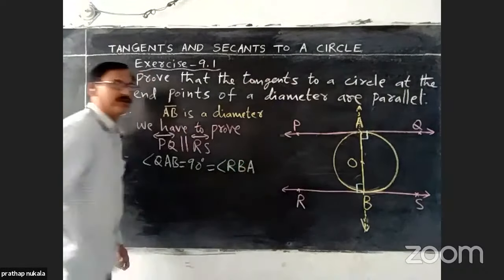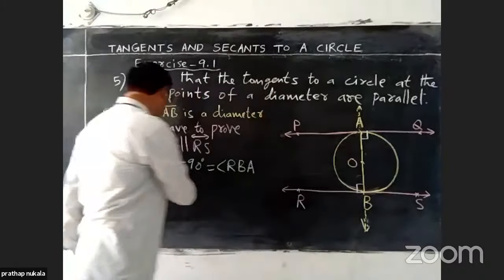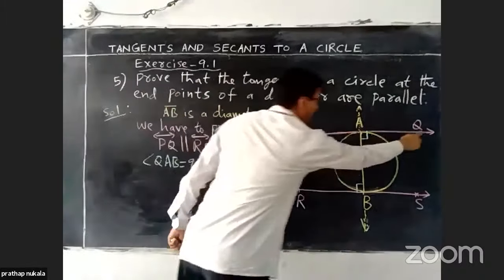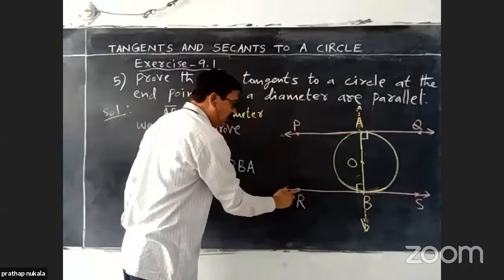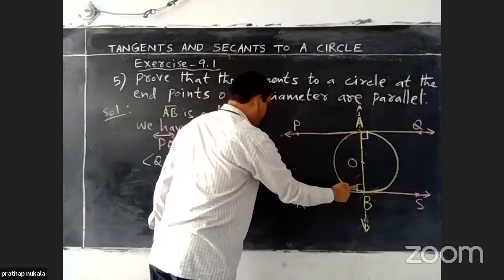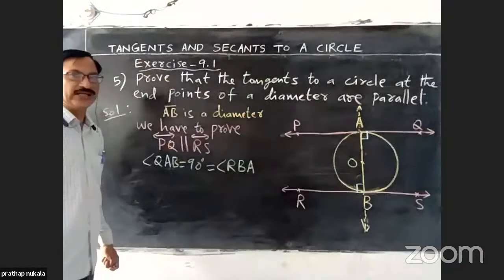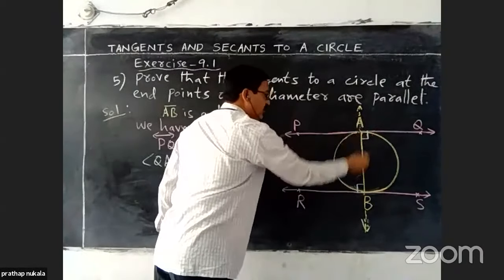This radius is part of the diameter. That's why I am writing angle QAB equal to 90 degrees, and angle RBA equal to 90 degrees. Both are equal. That means alternate interior angles are equal.